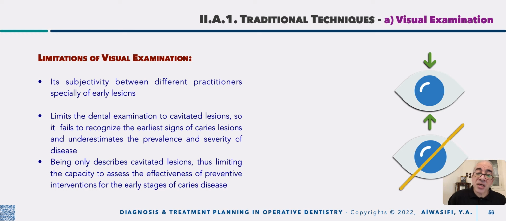That's why its reliability and validity are considered questionable as a diagnostic tool in early lesions, because what I could see with my naked eye, according to my vision or my experience, as discolored, someone else could not see as discolored. Someone could see that this is the normal color of this patient's teeth.